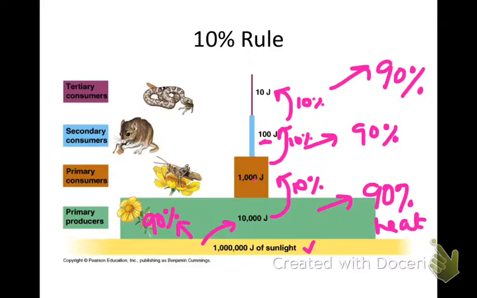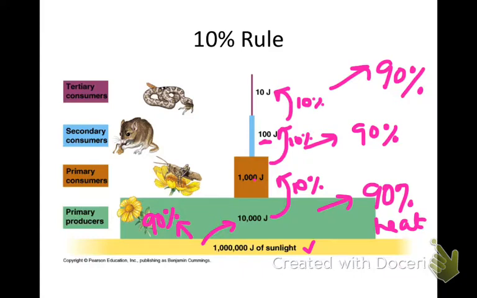So highlight 10,000 joules of energy is whenever that flower, that grass, goes through photosynthesis. Then the grasshopper eats the plant. 10% of it gets to the grasshopper, 1,000. Whenever that mouse eats the grasshopper, it only gets 10% of the energy that was in the grasshopper, which is 100.